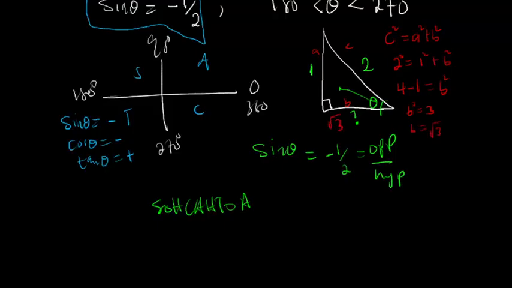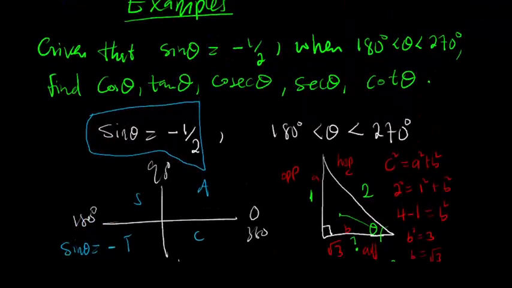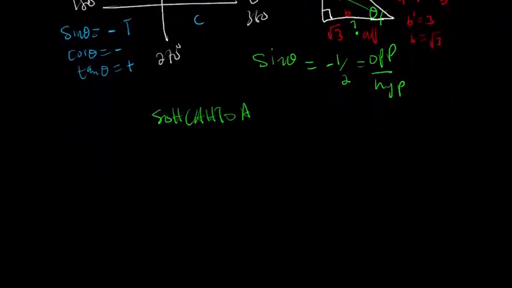Now since we've gotten the value for the 3 sides, that is the opposite, the adjacent, and the hypotenuse, according to the question we have to find cos theta, tan theta, and others. So with this we can easily find them.